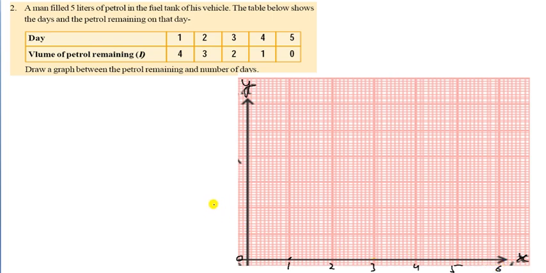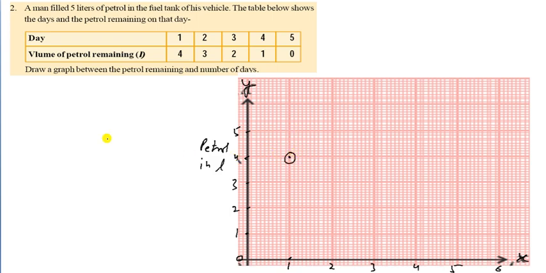Now the remaining petrol, so that is the liter, so you can write petrol in liter. So here is the petrol, it is 1 liter, 2 liter, 3 liter, 4 liter, and 5 liter. Remaining liters. So first of all, first day it has 4 liter. So you have to mark there, it is the 4 liter.